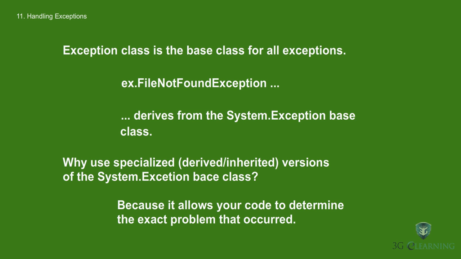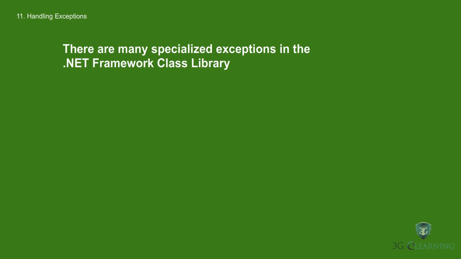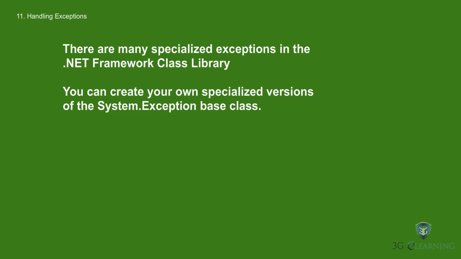Or maybe the file doesn't contain any XML or there could be other problems. So with the specialized versions of the exception base class, you can choose the right way to handle your application if possible. If it's not possible, you can tell the user what the problem is and ask them to do something else like please pick another file. In the framework there's many different exceptions which have been defined that are all deriving from your system.exception base class.